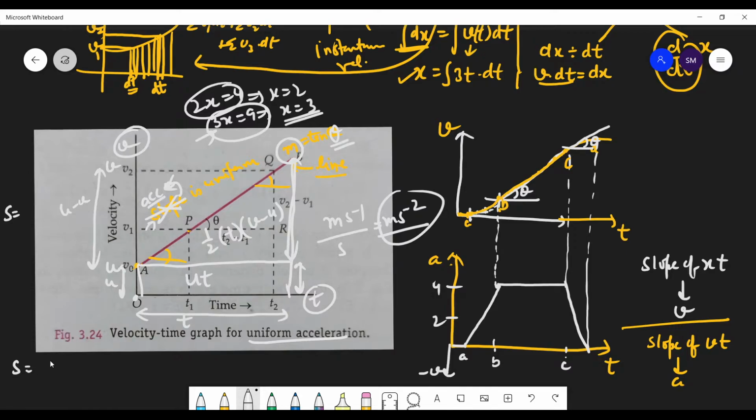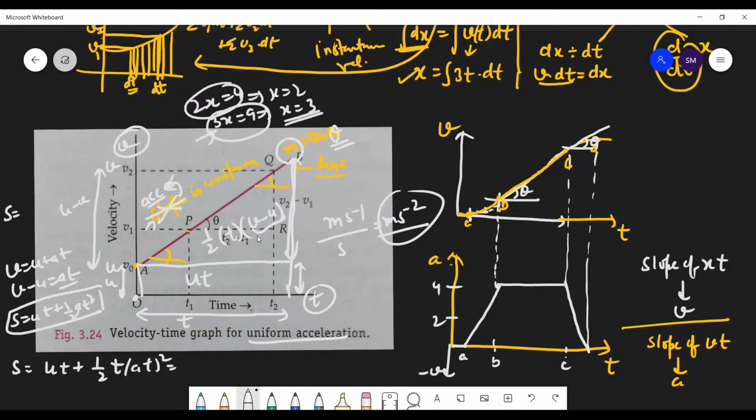Now add them. S is equal to ut plus half t times (v minus u). What is v minus u? v is equal to u plus at, so v minus u is equal to at. So write at here. Sir, why have you replaced this with at? Because I want to derive this relation. I have this equation with 4 variables in each equation. Which variable do you want to remove?